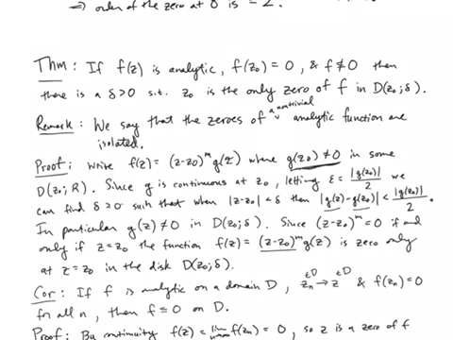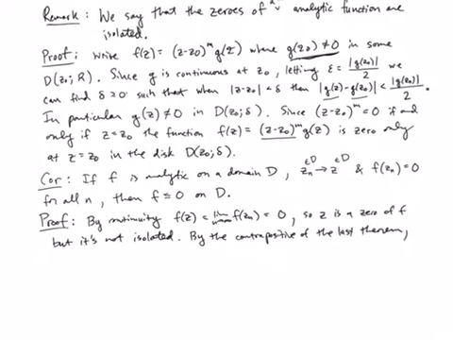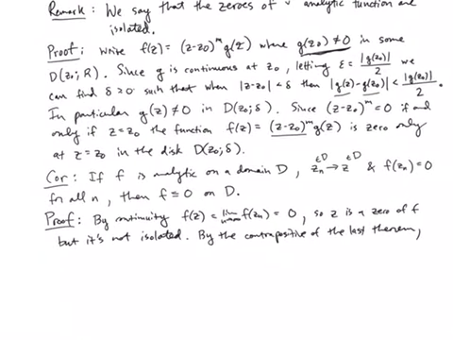So if you have a zero of your analytic function which is not isolated, then the inevitable conclusion is that the function has to be identically equal to zero. So by the contrapositive of the last theorem, f is identically equal to zero.